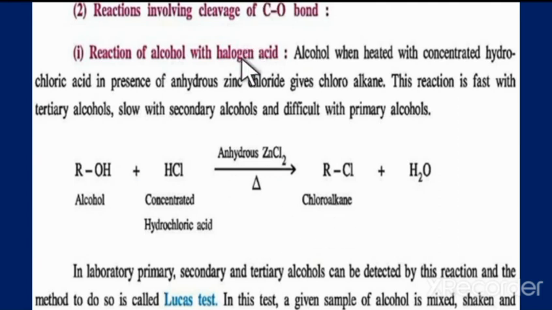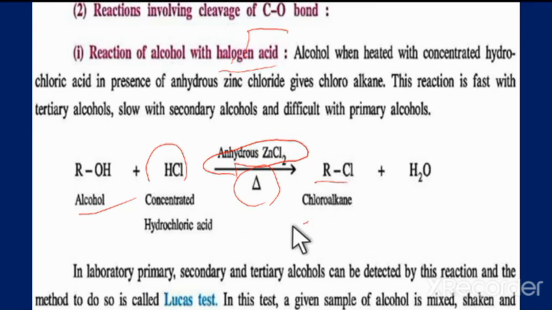Next, the cleavage of the C-O bond, that is, the reaction of alcohols with hydrogen halides. When alcohols are treated with hydrogen halides in the presence of anhydrous zinc chloride, followed by heating, they give haloalkanes. Here HCl and zinc chloride together are known as Lucas reagent.